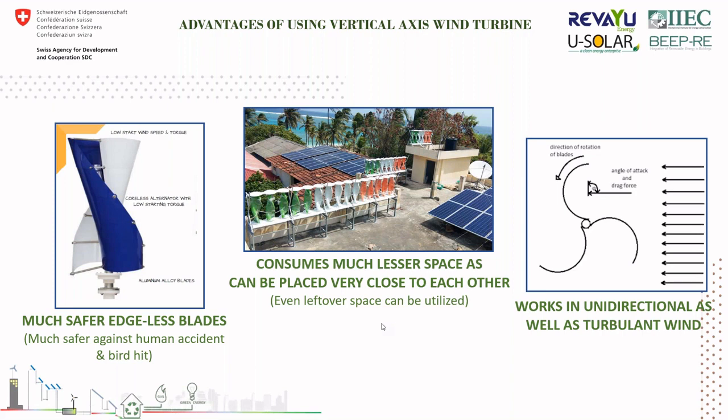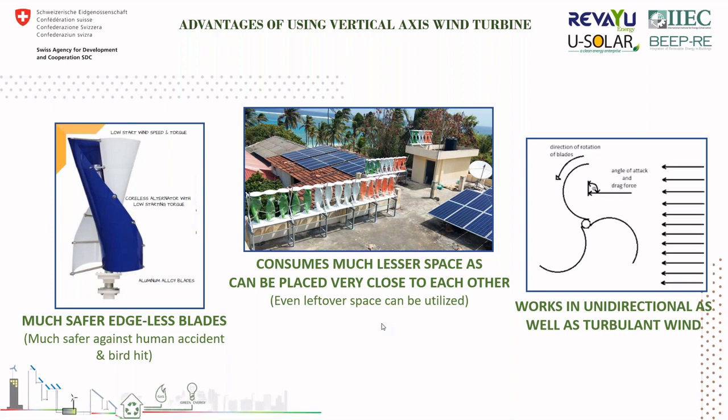Another big advantage is this. In the case of a horizontal axis wind turbine, the reason we need to take it to more height, even at rooftops, is because it can't operate in turbulent air. To clear the turbulence of the building itself, we need to go 9 to 12 meters above the rooftop, even if the roof is already 60 meters above ground level in a multi-story building.